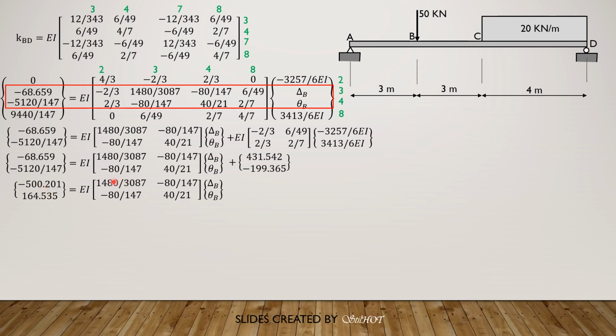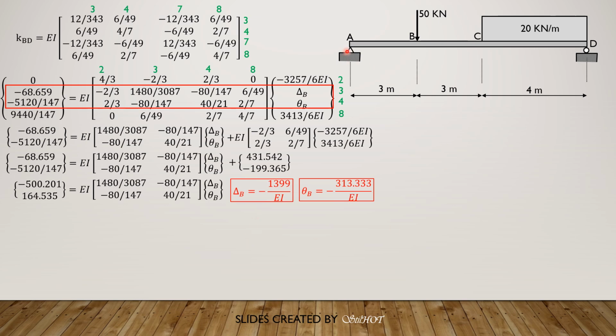Or simply, this is the first equation: 1483 over 3087 delta B minus 80 over 147 theta B equals negative 500.201, and negative 80 over 147 delta B plus 40 over 21 theta B equals 164.535. Solving the two equations simultaneously gives us this answer, which is the same as before: negative 1399 over EI for delta B, and for theta B, it is negative 313.333 over EI.